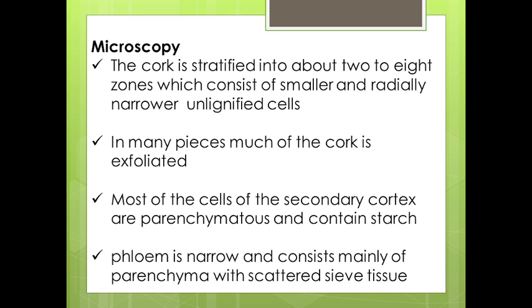In many pieces of Rauwolfia root, the cork is exfoliated, due to which the cork portion does not come in the TS of Rauwolfia. For that reason, when selecting a piece of root for section cutting, the best root is one with little exfoliation.